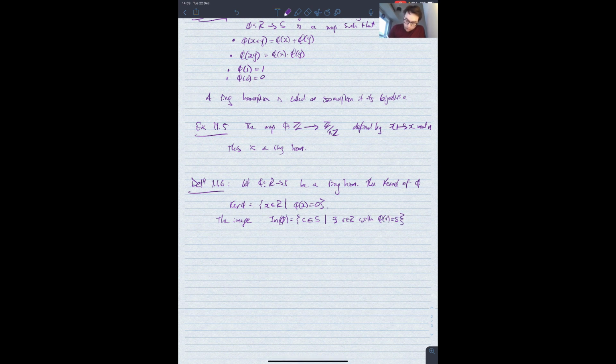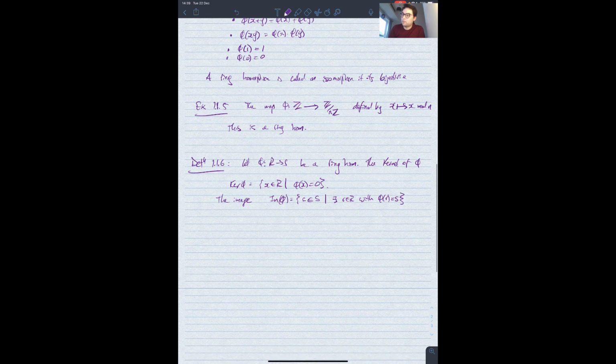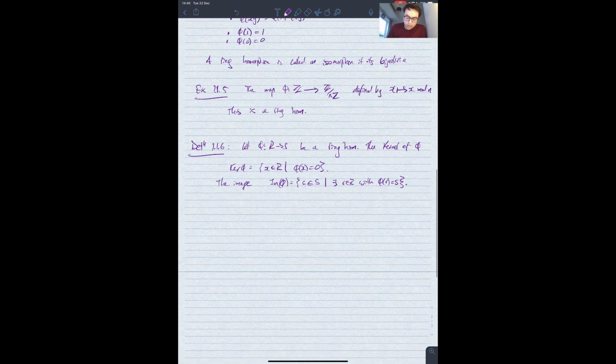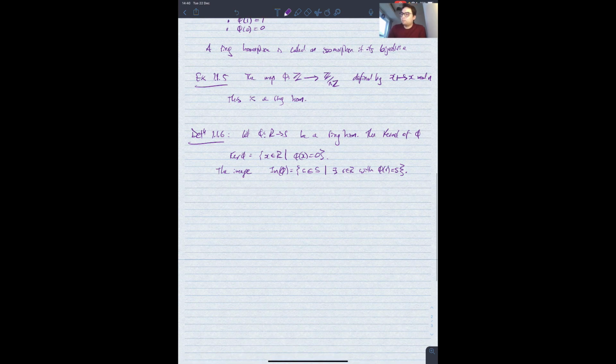So it's all the elements in S which get hit by some element in R. This is our image. And if you've done algebra, you'll remember that you have similar things for groups. You have isomorphism theorems for rings, and so on.